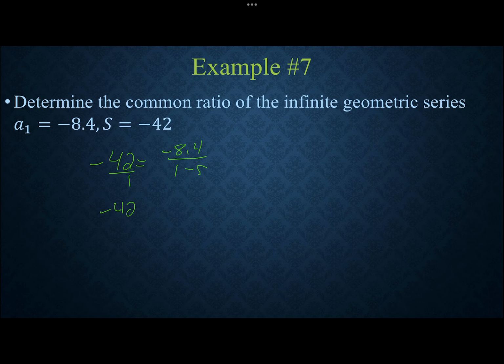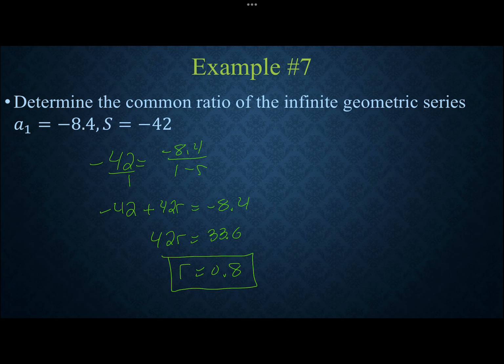We get negative 42 plus 42r equals negative 8.4. We then add over that 42. The negative 8.4 plus the 42 gives us 33.6. Then we divide by the 42, and that gives us r to be 0.8.